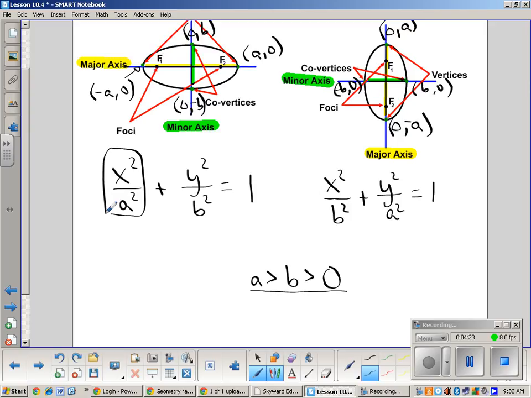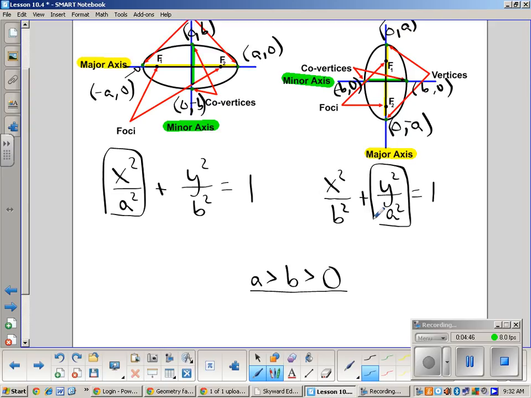The major axis is horizontal. When A, the bigger number, is under the y, then it lays in a vertical manner where the major axis is vertical. So that helps you understand when you're looking at an equation where the numbers go.